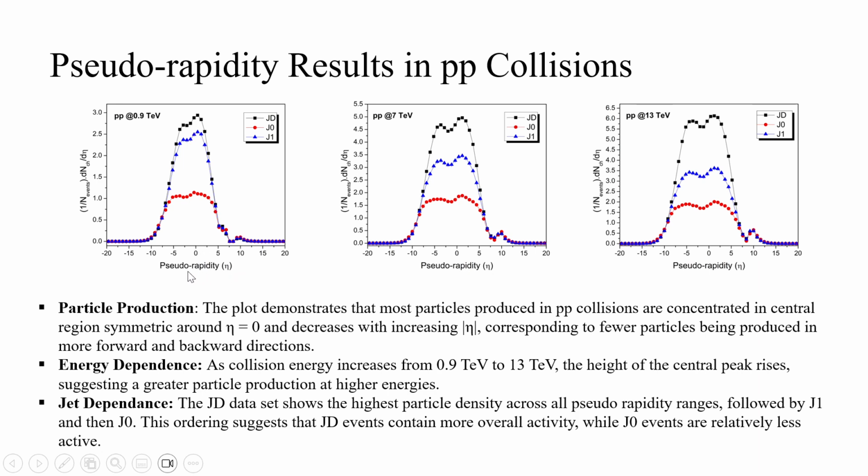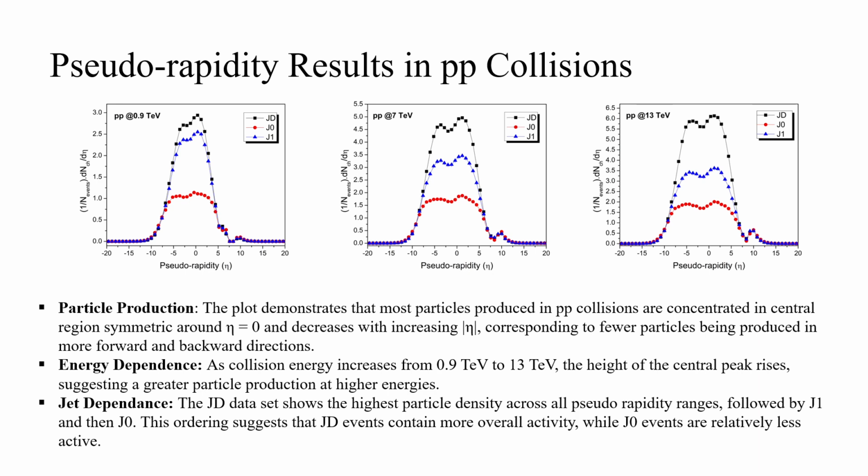What is eta? It's the pseudo-rapidity, and when your eta is 0, your angle is 90 degrees. Okay, the angle with the beam axis is perpendicular, so this is so-called when your eta is at 0. You can see the distribution is symmetric with the peaks near 0.